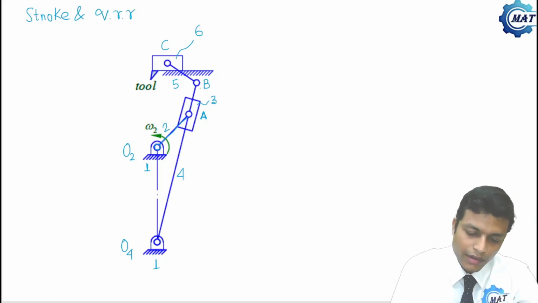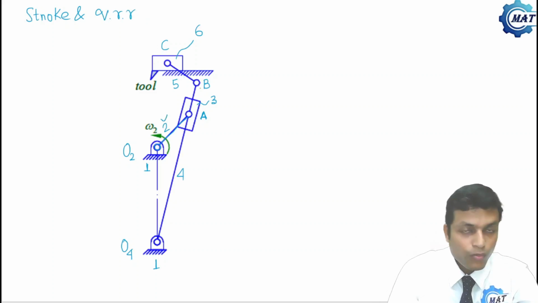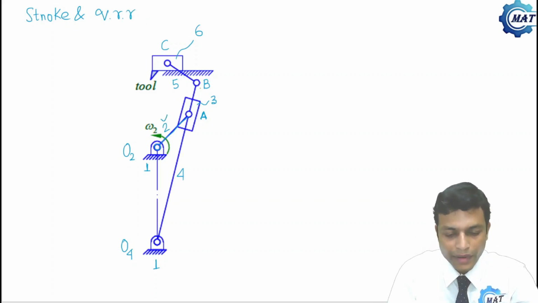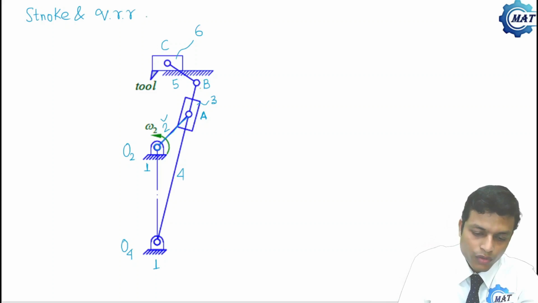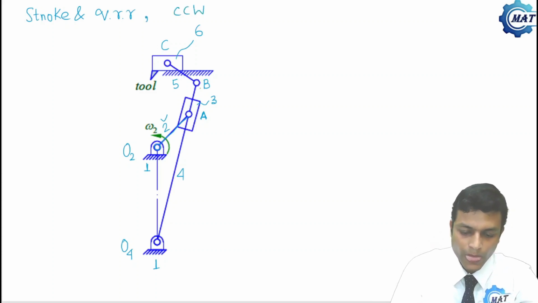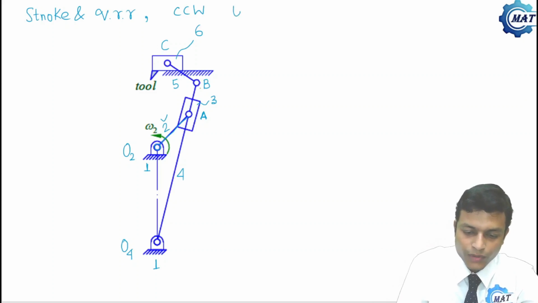Here, link number 2 is the input link, and we have already mentioned that link 2 is rotating in counterclockwise direction with a uniform angular speed omega 2.